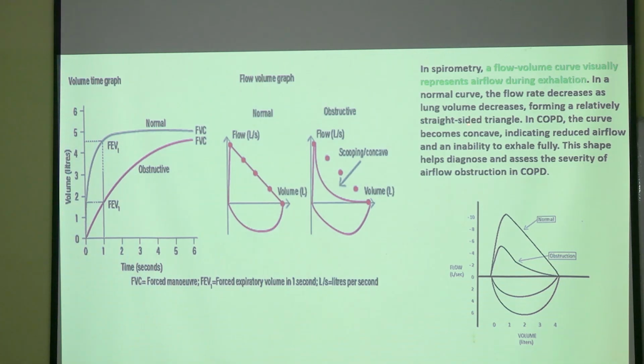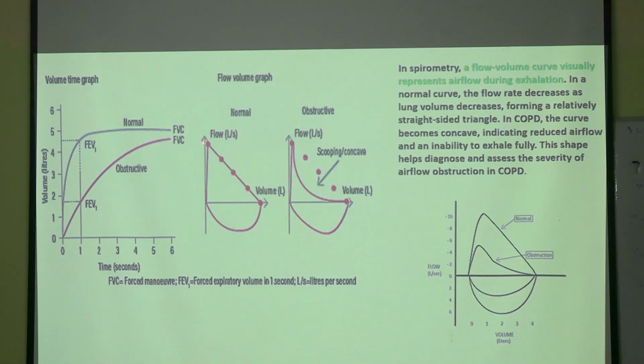relatively straight-sided triangle. You see, this is the triangular shape. This part is basically inspiration and this is the expiration, right? For healthy subjects, what we have mentioned here, it's a relatively straight-sided triangle.